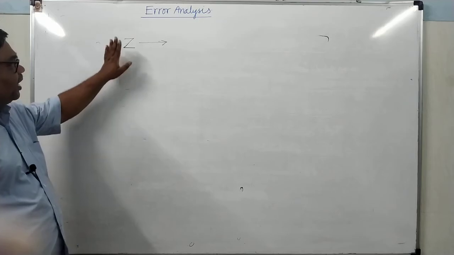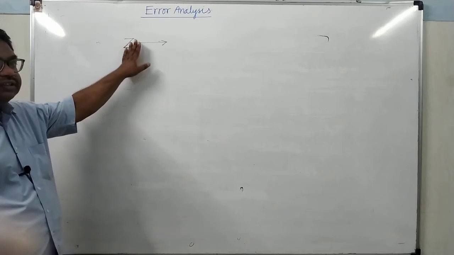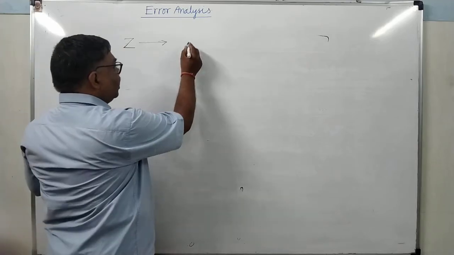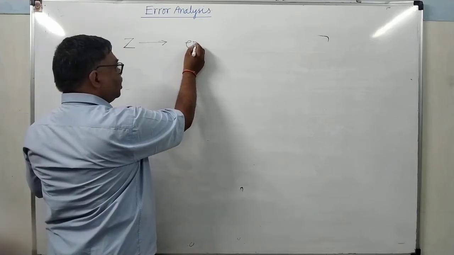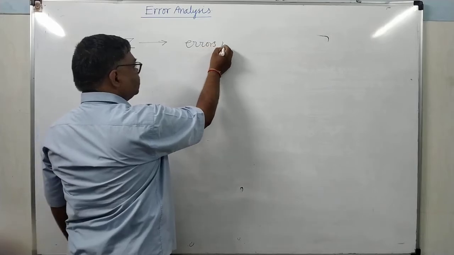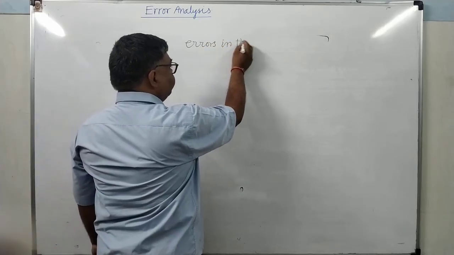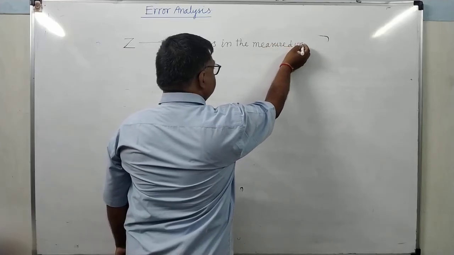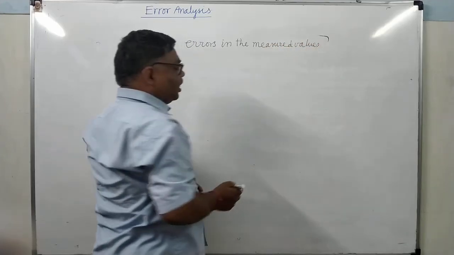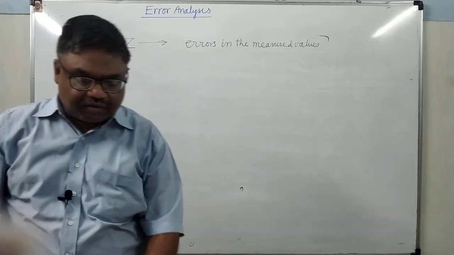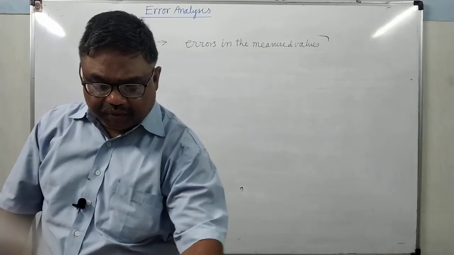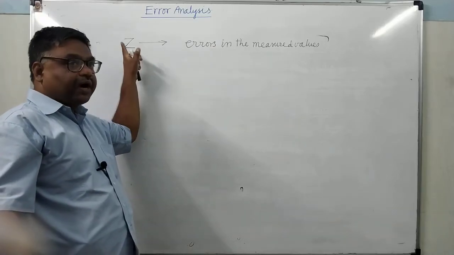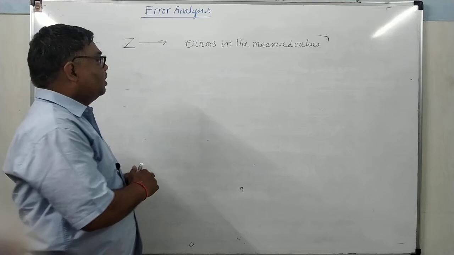So the error in the final result will depend upon the errors in the measured values, as well as upon the manner in which these measured values have been combined to obtain z.